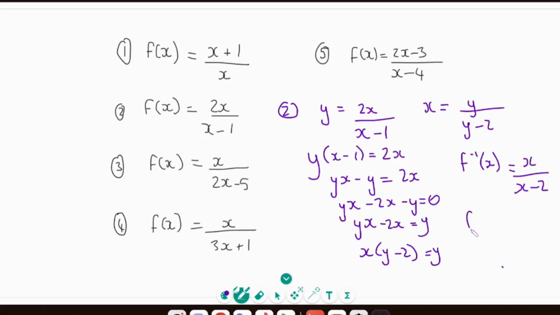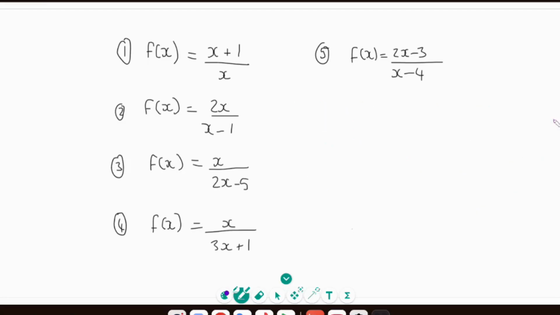Or if you'd have done it the other way, you would have got minus x over 2 minus x. Question 3. Times both sides by 2x minus 5.